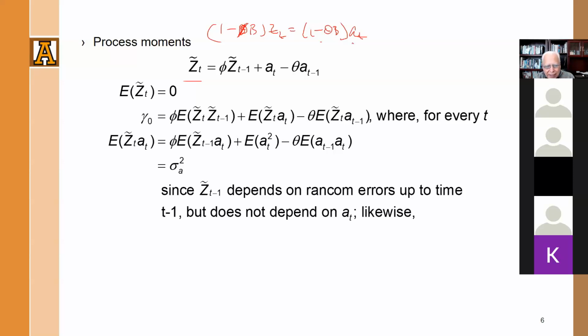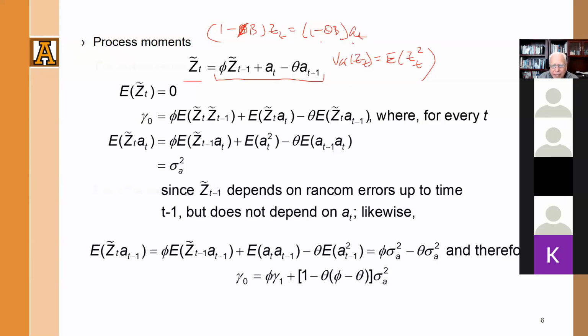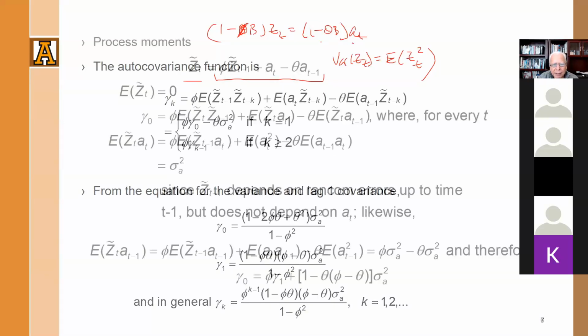Now, the variance of Z_t is going to be the expected value of Z_t squared, right? Because it has mean 0. So I take this expression and multiply it by itself and then get the expected value.